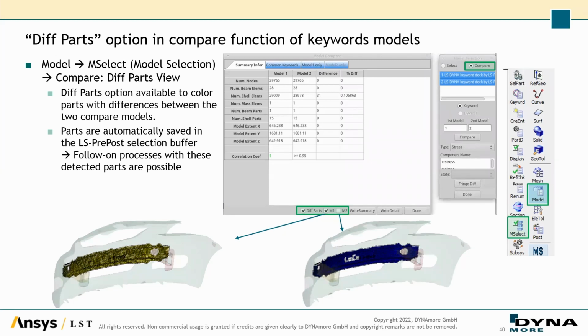If you compare keywords, you now have a diff part option, which colors parts with differences between the two compared models. If you activate, for example, model 1, then you see only the part with the difference, and it's colored yellow. If you activate model 2, the same part is colored blue. And the parts are automatically saved in the LS-PrePost selection buffer, so follow-on processing with these detected parts is very easy.